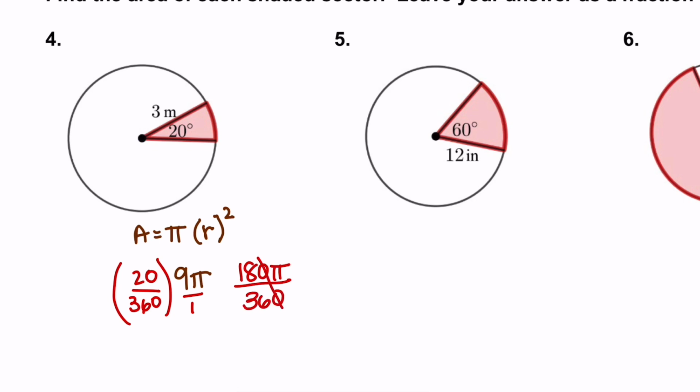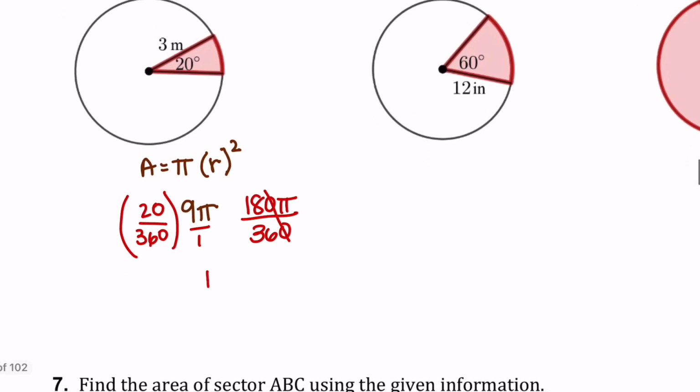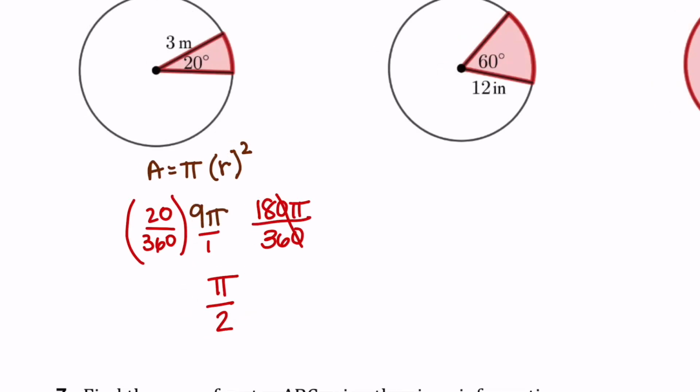The zeros cancel. 18 out of 36 is 1/2. So this would give us pi over 2 if we simplified it. We have meters on our circle as our unit, so area is meters squared. We have pi over 2 meters squared for this one.